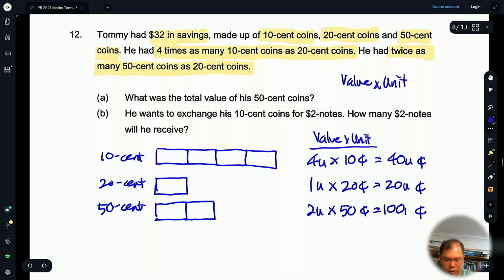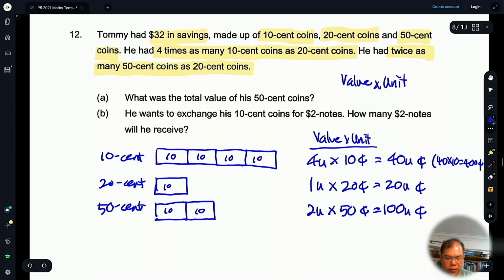Now it seems a bit confusing. Don't worry, just think of it that 1 unit represents a certain number of coins. So if I have, like, let's say 10 in each unit, that means this is actually 4 times 10, 400 cents.